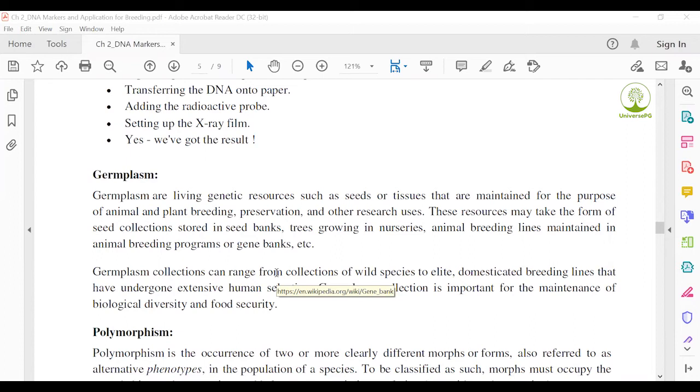So germplasm are living genetic resources such as seeds, tissues that are maintained for the purpose of animal or plant breeding, preservation, and other research use. These resources may take the form of seed collections stored in a seed bank, trees growing in nurseries, animal breeding lines maintained in animal breeding programs, or a gene bank, etc.